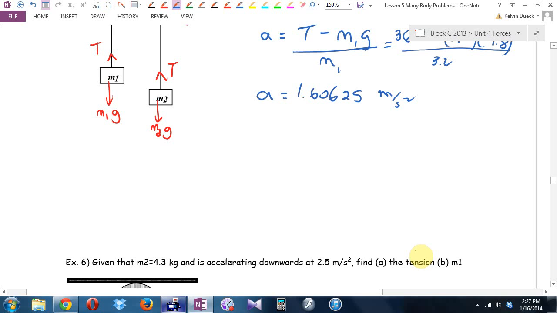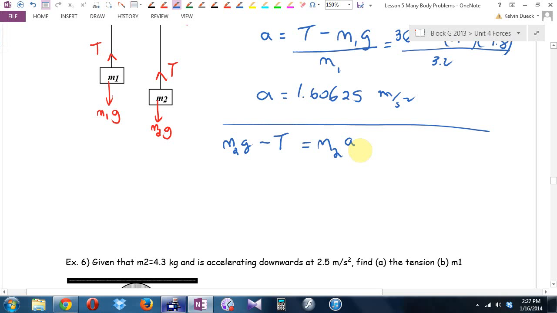Who's winning mass 2? M2G. Who's losing mass 2? Equals what? What are we trying to find?